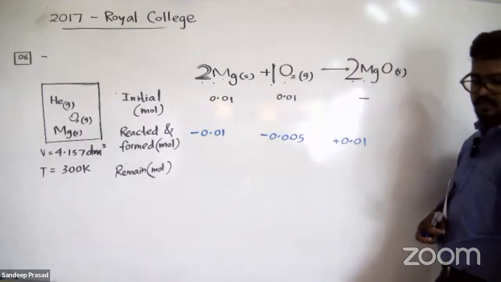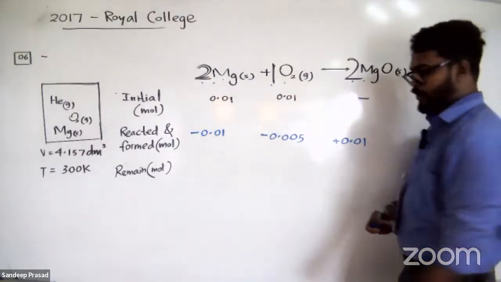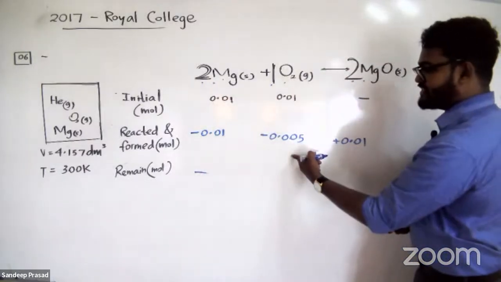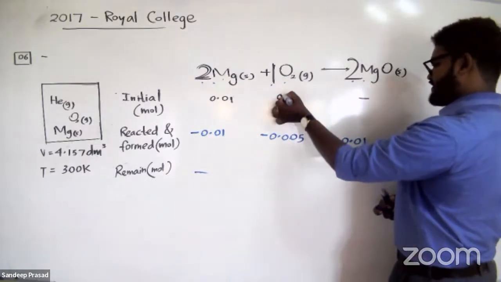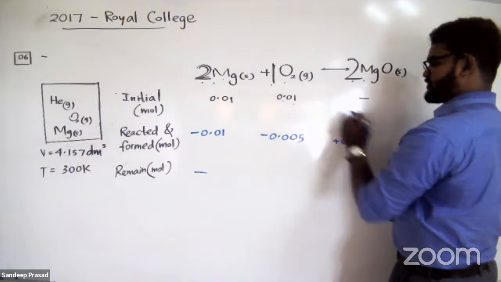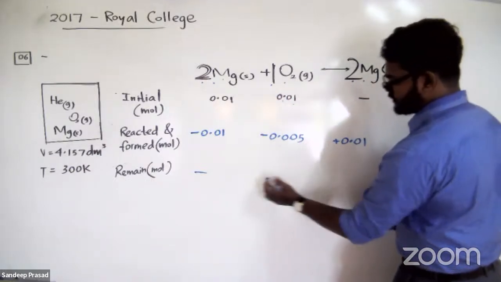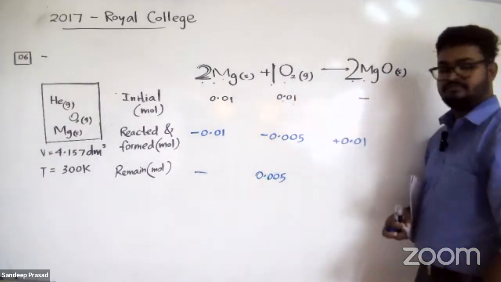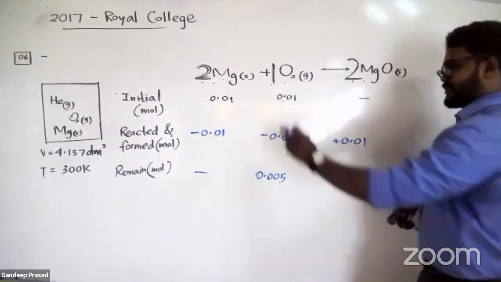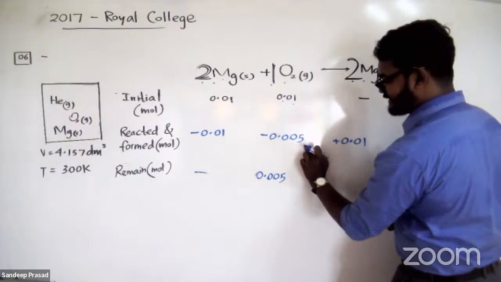Can you understand? Finally, in the system, do we have magnesium? No. Do we have oxygen? Yes. Because initially we have added 0.01 of oxygen, but finally we have only 0.005. So the remaining one, 0.005. From 0.01 of oxygen, this amount reacted.